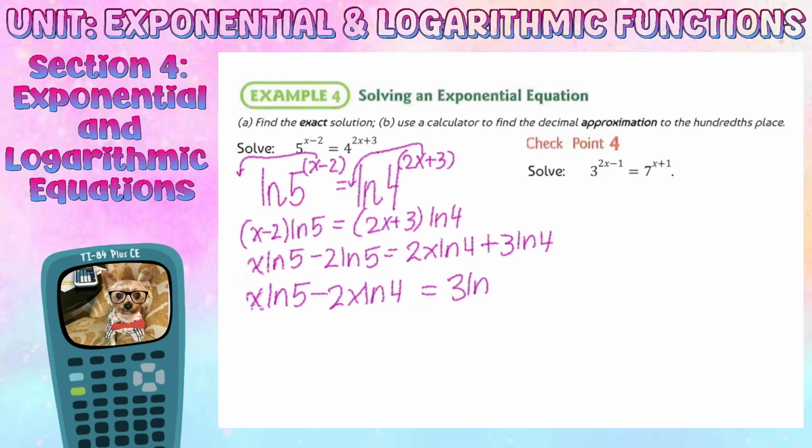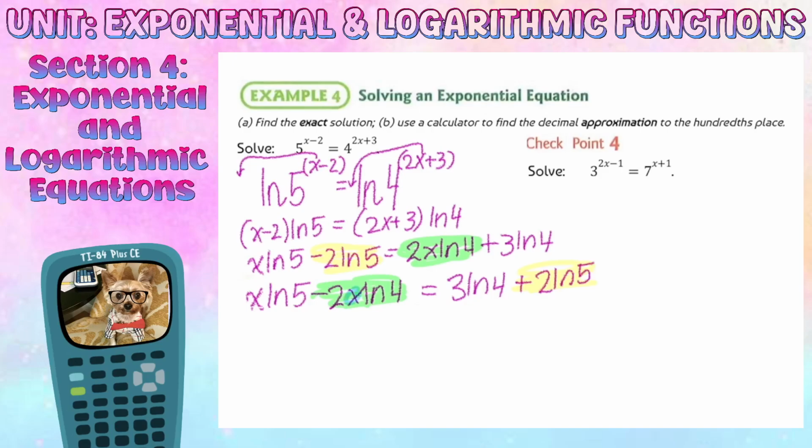Equals 3 ln 4, which was already on this side, and I add 2 ln 5 since I brought it from the other side. Just to color coordinate for anyone who got lost: that went there, and this one ended up over here.